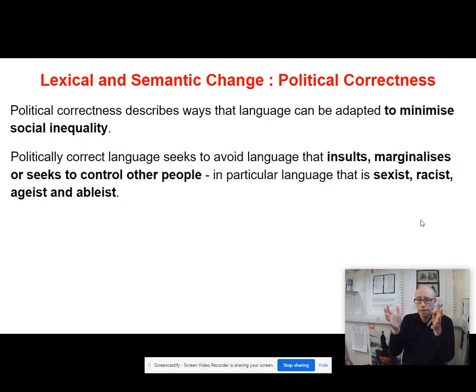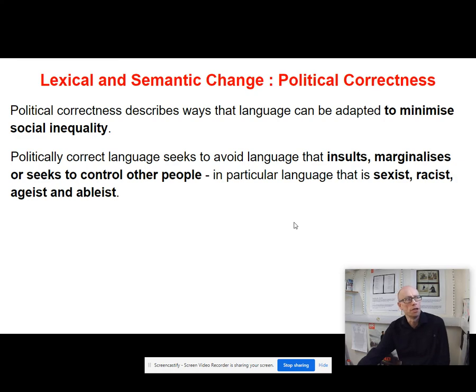And it has, particularly in its sights, language with these affixed words here with the IST ending or ISM endings as a suffix. Sexist language, racist language, ageist language, ableist language, and lots of other isms.